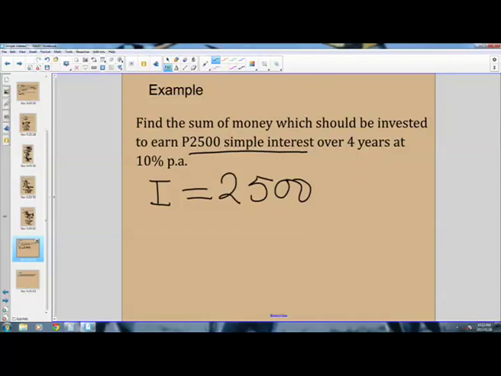You are also given the rate of interest, 10%. And you can see the time in years is given as 4. So the time is 4.